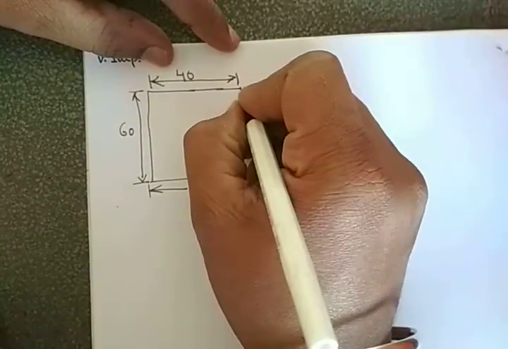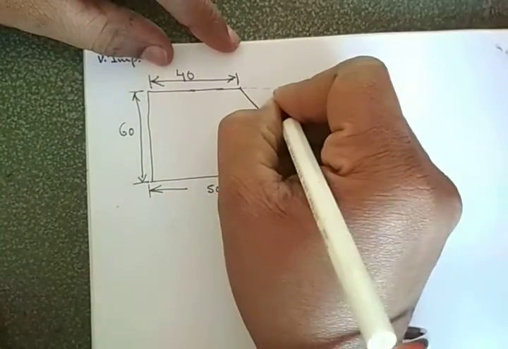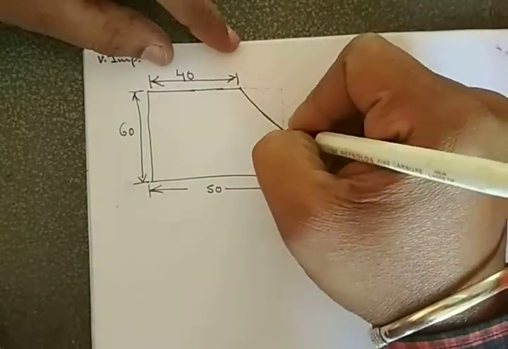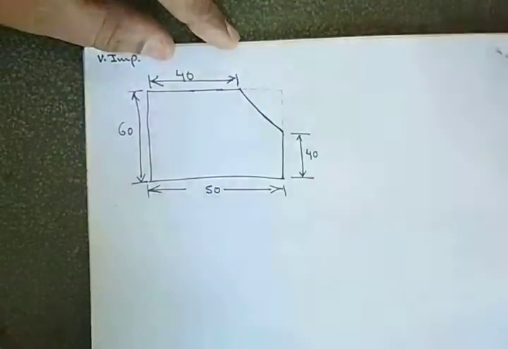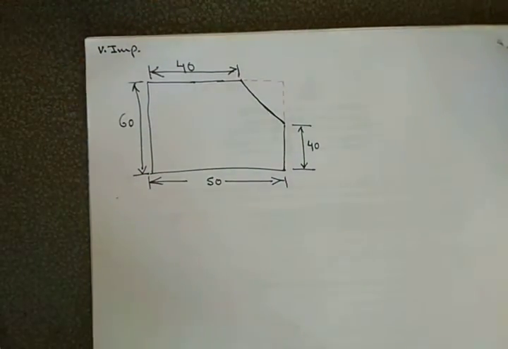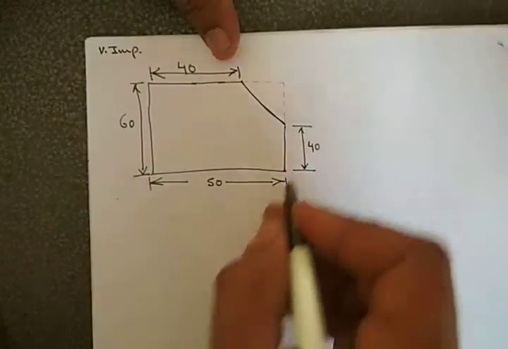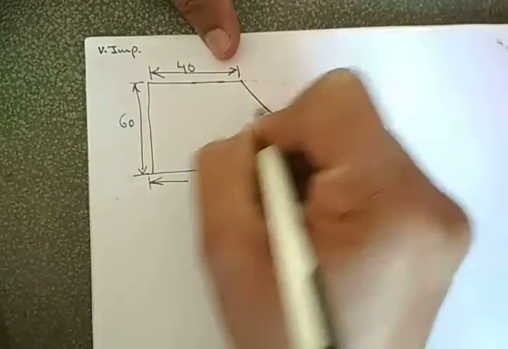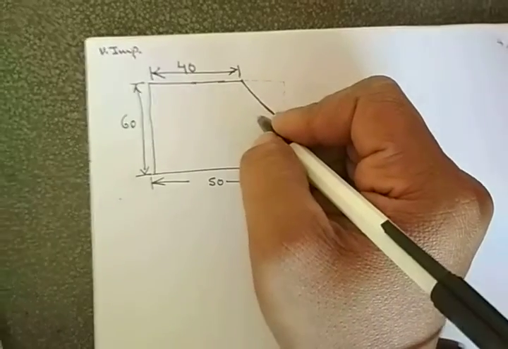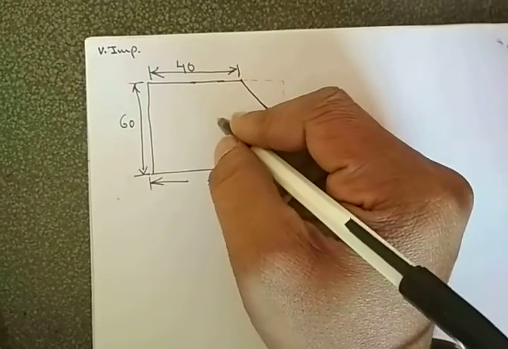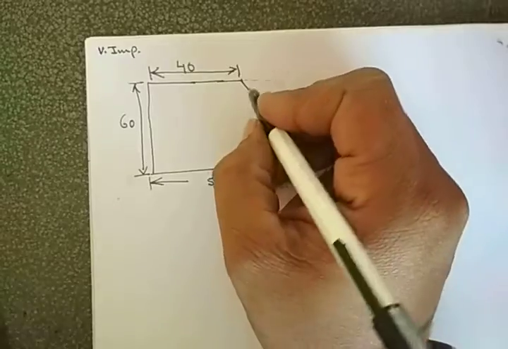We can say this is a rectangle and this triangular part is missing. So how can we solve this type of problem? We consider this as a triangular section and this as a rectangular section.